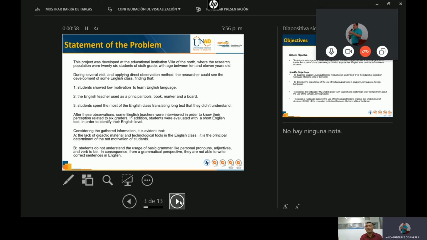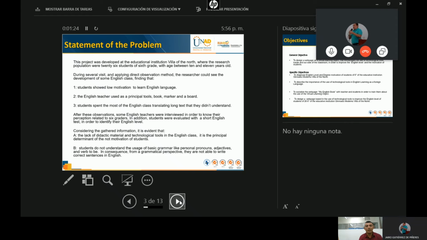Students spent most of the English class translating long texts that they didn't understand. After this observation, some students were interviewed in order to know their perception related to sixth grade. In addition, students were evaluated with short English tests in order to identify their English level.